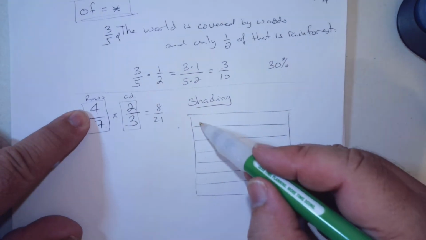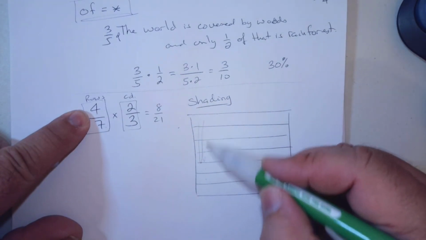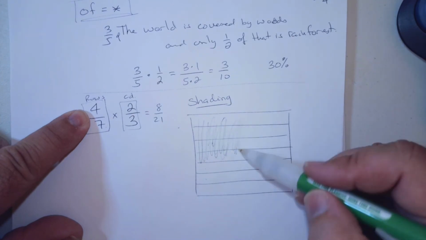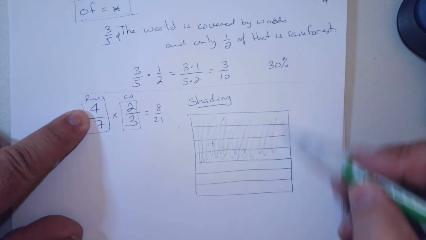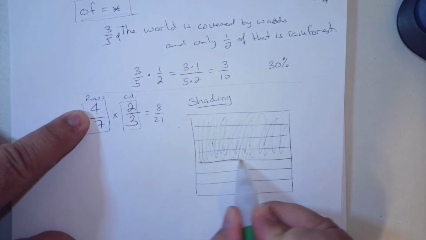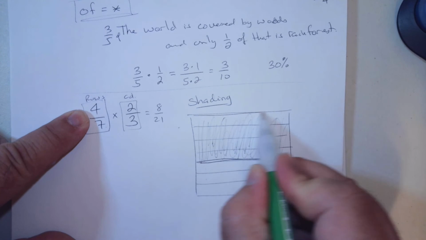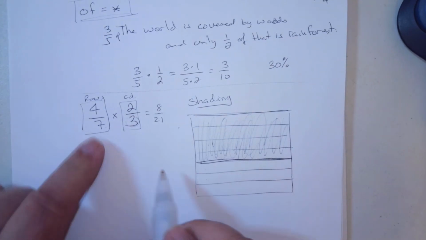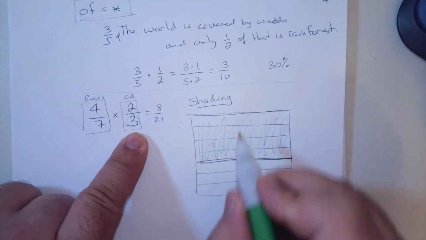We want 4 of them, so we're going to shade in 4 of them. Now we'll multiply. Remember the bottom number is how we had 7 here. Now we need 3 columns.